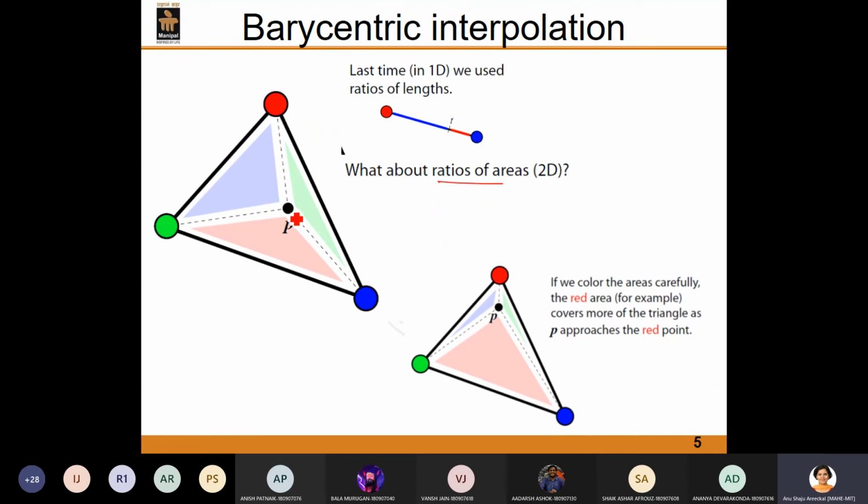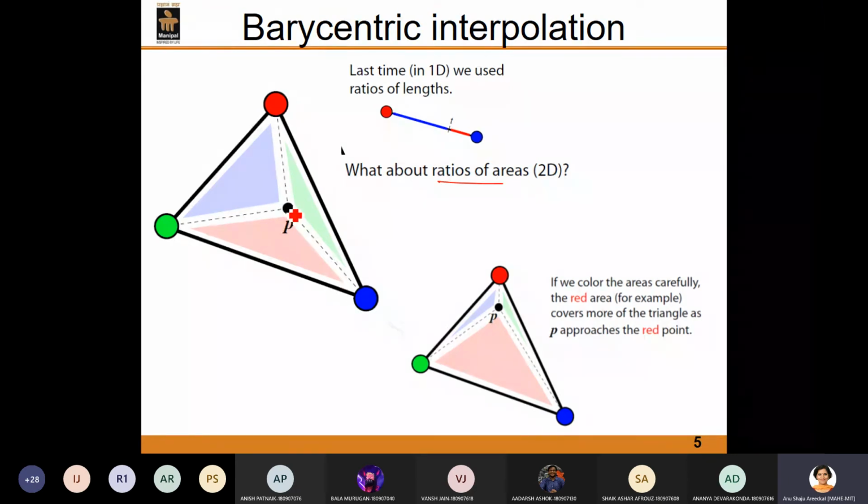Now what that means is, let's say you have a pixel over here. I can divide this triangle this way, where this smaller subtriangle gives me the area of the blue, the percentage blue. This area gives me the percentage green, and this area over here gives me the percentage red.